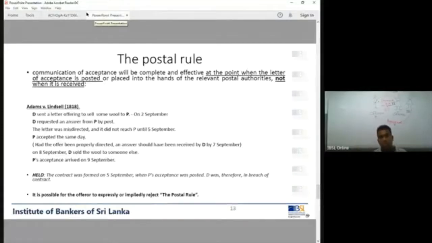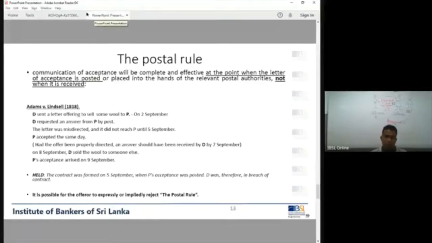So therefore, this principle has been developed. What is the principle? The Postal Rule. It says the communication of acceptance will be complete and effective at the point when the letter of acceptance is posted.